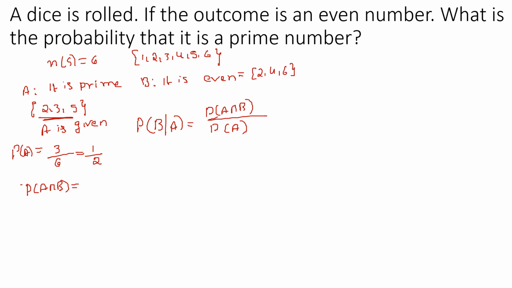So for A and B, the intersection is only 1, that is 2. Therefore, probability of A intersection B will be 1 divided by 6. Therefore, probability of B given A will be equal to 1 divided by 6 divided by 3 divided by 6, which is equal to 1 divided by 3. So the probability that it is an even number when it is known that the outcome is a prime number is 1 divided by 3.